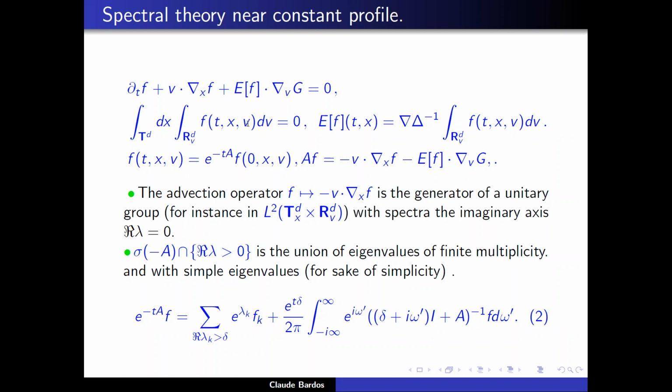Now, beside the continuous spectrum, you see we integrate with respect to v, invert the Laplacian, take the gradient, you construct a compact perturbation. So what will happen is that for positive time there will be eigenvalues, and these eigenvalues are of finite multiplicity. They are bounded here by a certain constant capital Lambda.